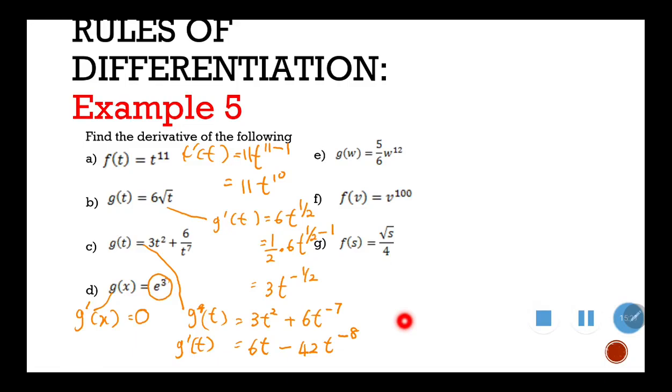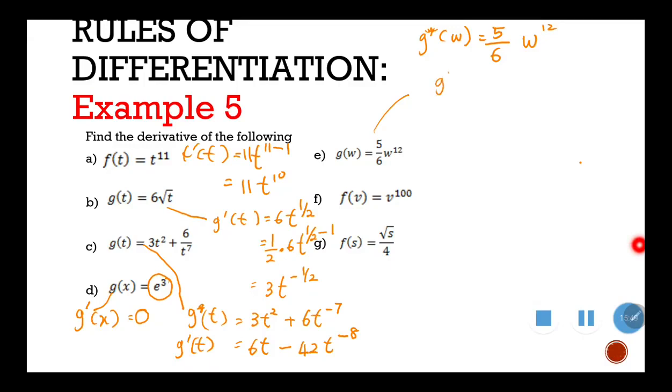Okay, now let's look at E. Okay, I'll just rewrite it.